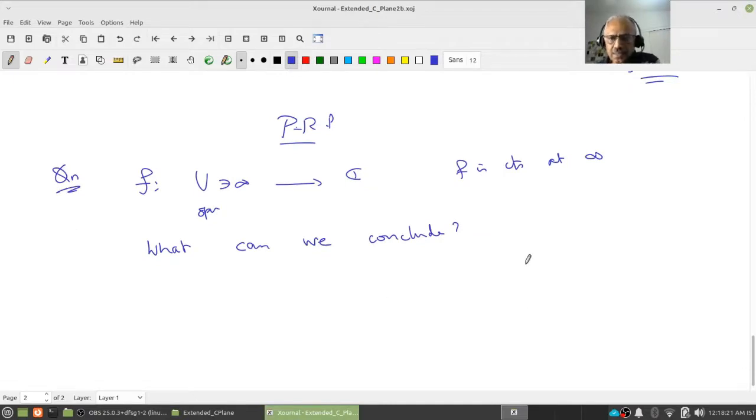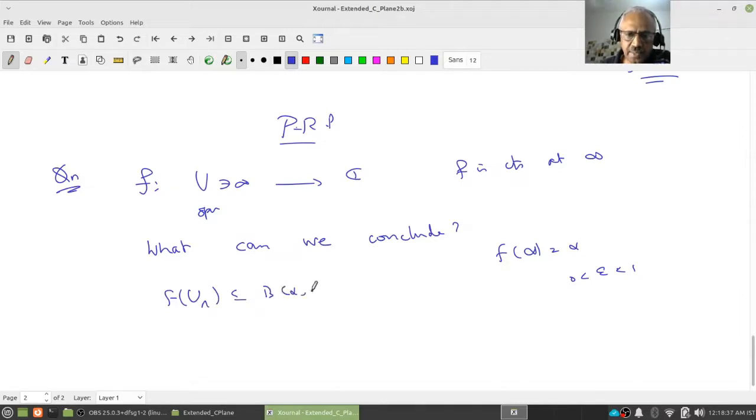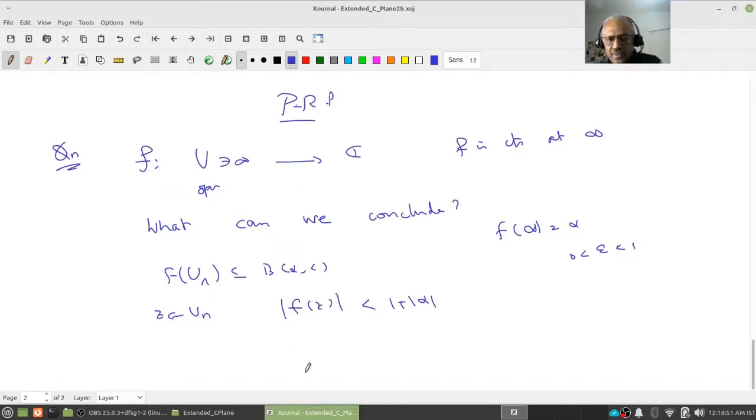If f of infinity is some alpha, and I take epsilon as usual between 0 and 1, then I know there exists a neighborhood U n so that f of U n is contained in B alpha epsilon. That means for every z in U n, mod f z is less than 1 plus mod alpha. The last two examples exactly show this. So there is a necessary condition. What is the necessary condition?